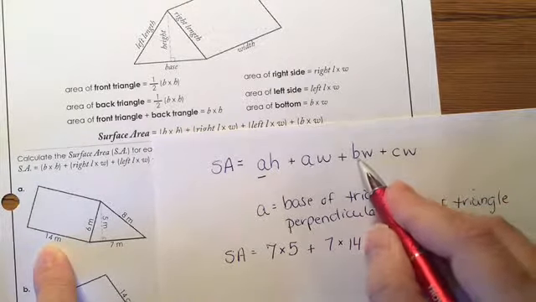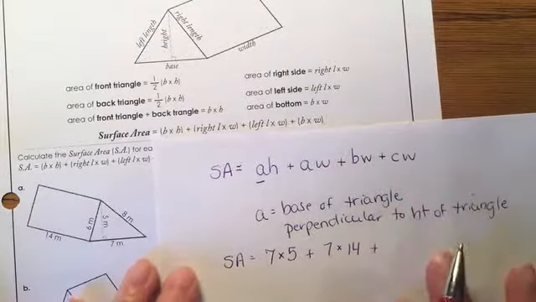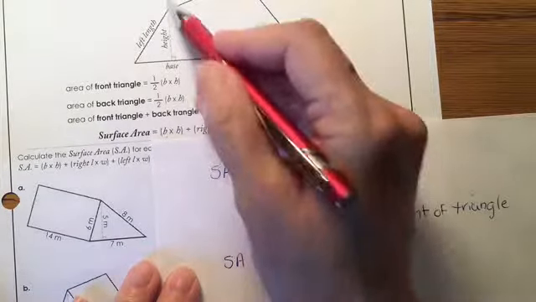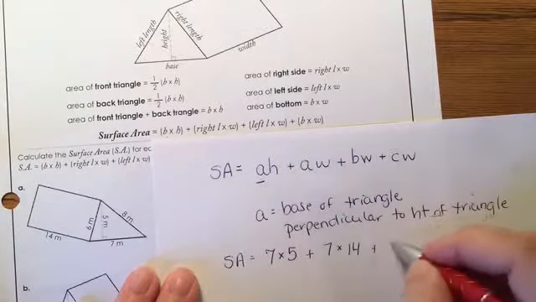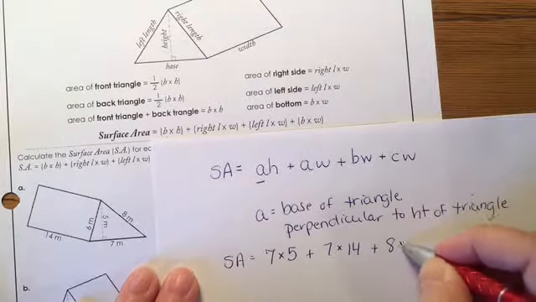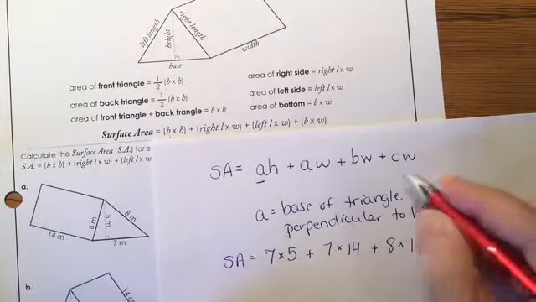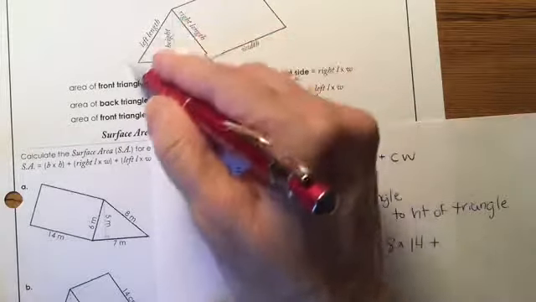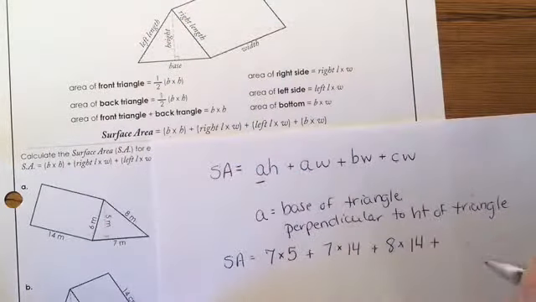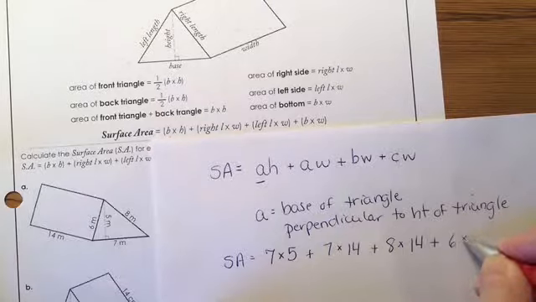Plus, now B, over here, they would call B the right side. So right side, 8 times width stays the same, 14, plus C is my left-hand side length, 6 times 14.